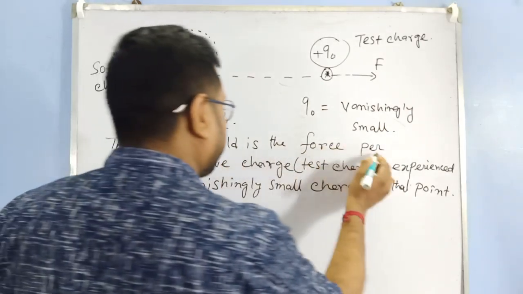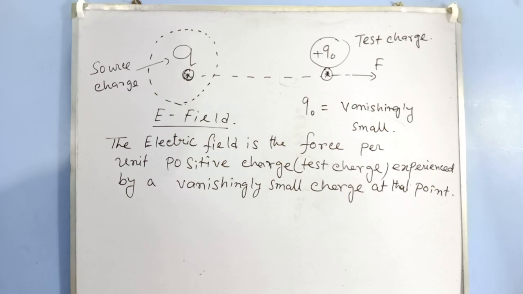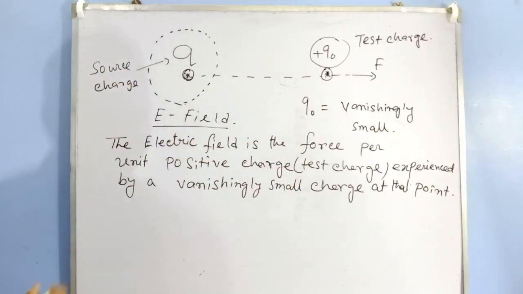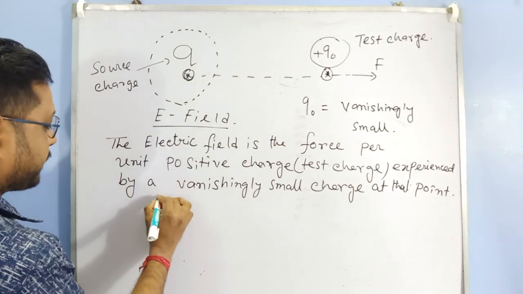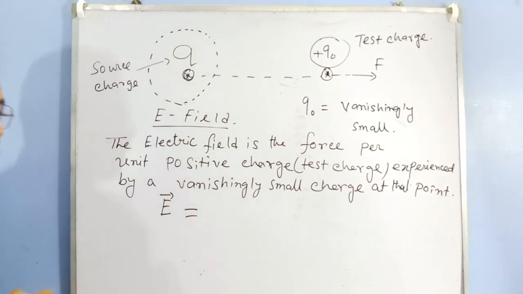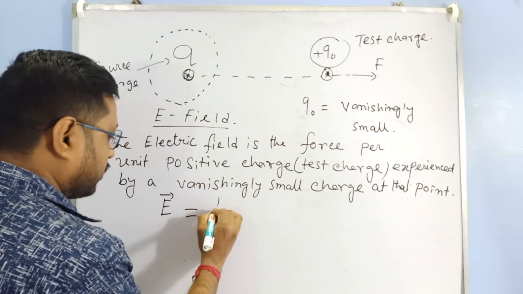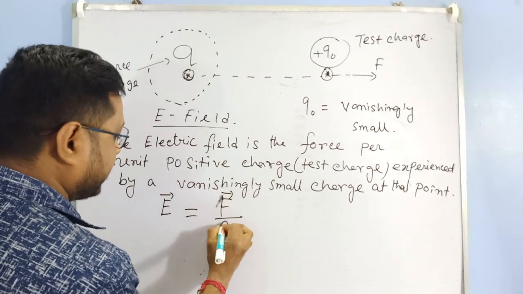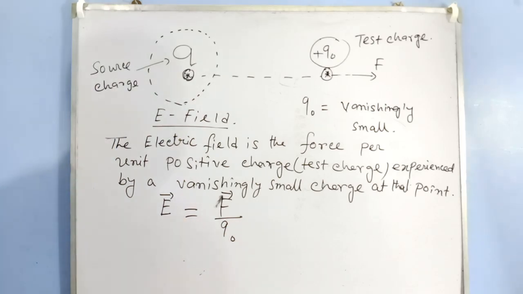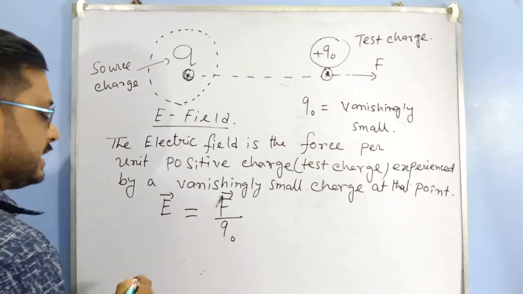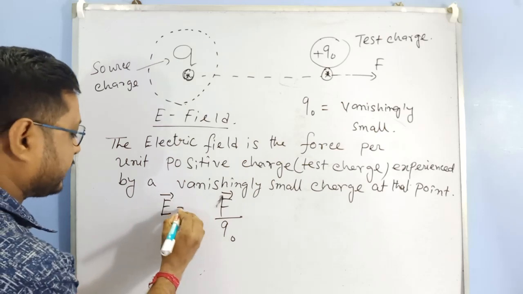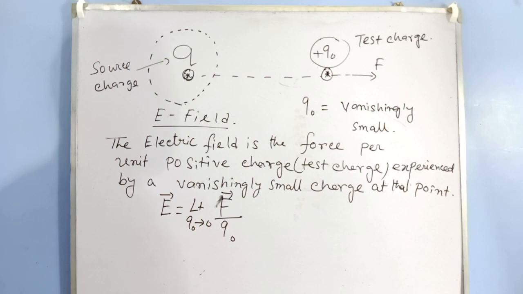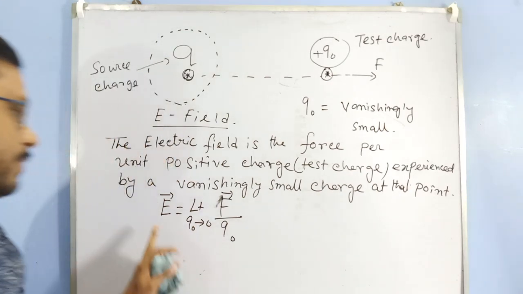So electric field E is equal to force F divided by Q0. But here, as we say, Q0 is vanishingly small, so we write the limit as Q0 tends to 0. This is the exact definition of electric field.